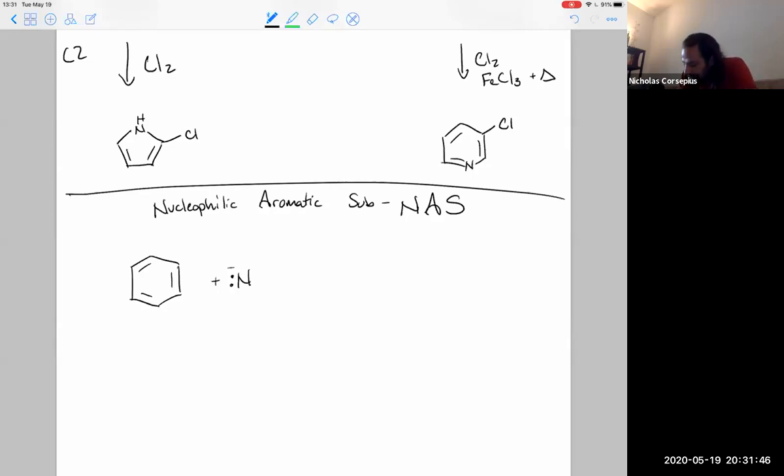Most important thing to remember with these is that the benzene has to have a good leaving group, right? This doesn't work with just a naked benzene ring. You have to have a good leaving group on there for it to be susceptible to one of these nucleophilic aromatic substitution reactions.